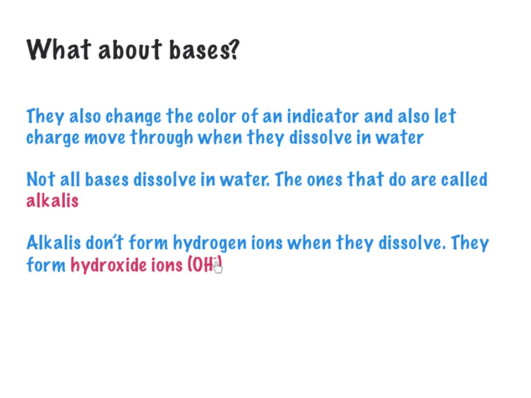The hydrogen ion was positively charged. The hydroxide ion is negatively charged, and this becomes really important when they react together, because we all know that opposite charges attract each other. So it might have something to do with their reaction later on. We'll go into that in another of our videos.